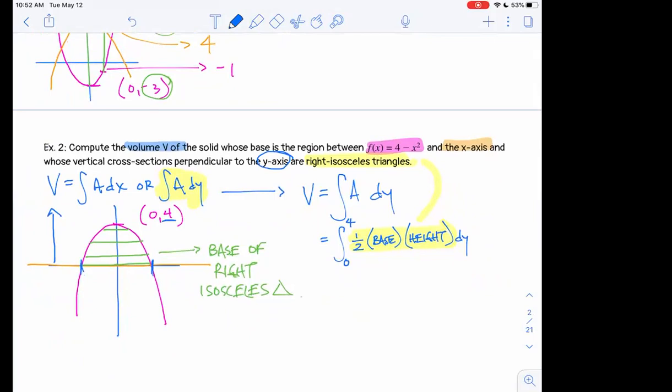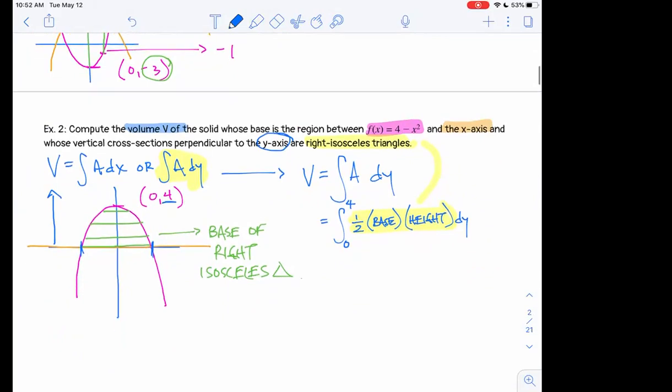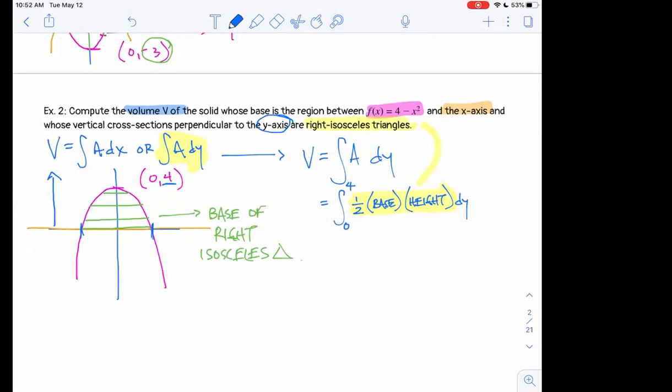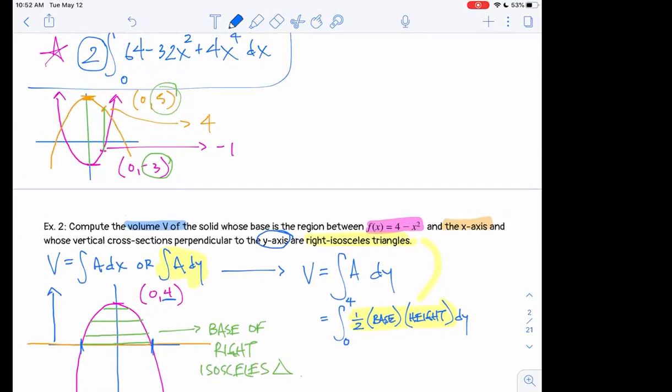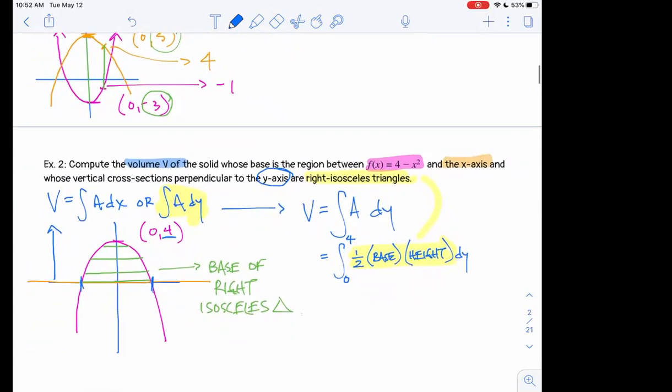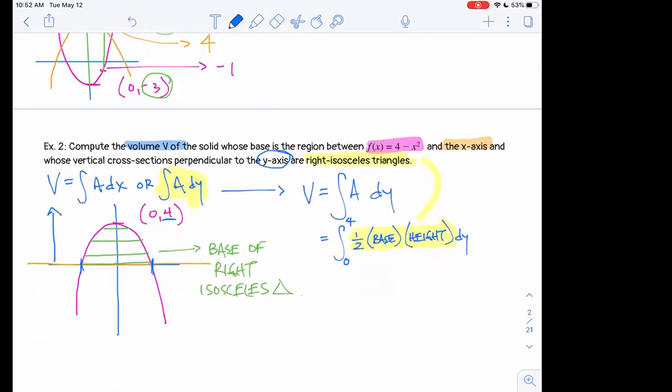All right. Now let's think about the base. Okay. So each of these green lines represents a base. Now, if I wanted to find the length of a line, like we talked about again at the end of question number 1, we were able to do top minus bottom. But when we think about what we learned about finding area that's sideways, or dy, we didn't do top minus bottom, we did right minus left.